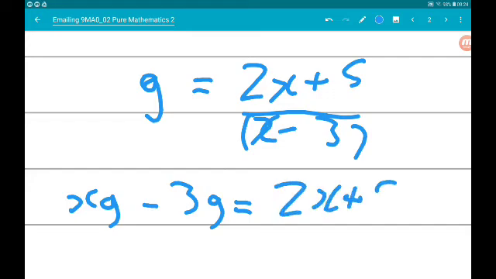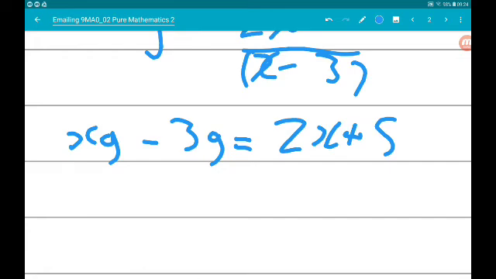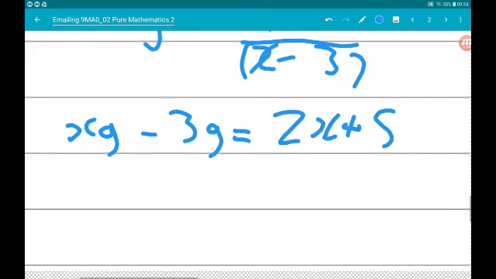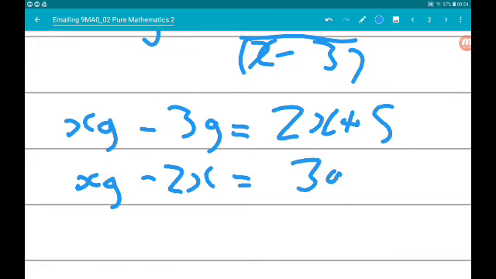is equal to 2x add 5. Now we're trying to make x the subject, so we get all the x's together. Let's subtract 2x, so we get xg minus 2x. Now let's also add the 3g, is equal to 3g add 5.